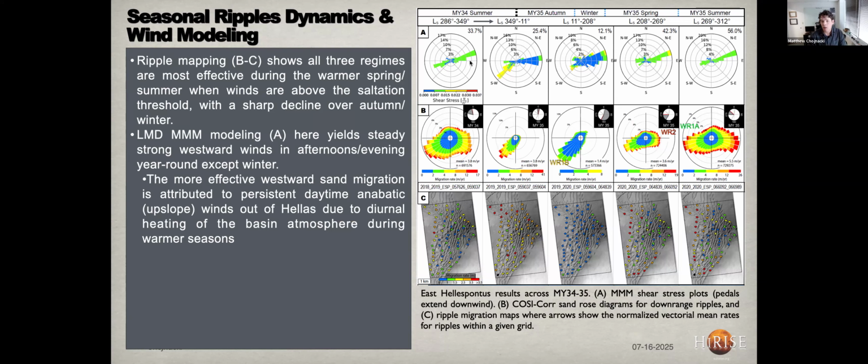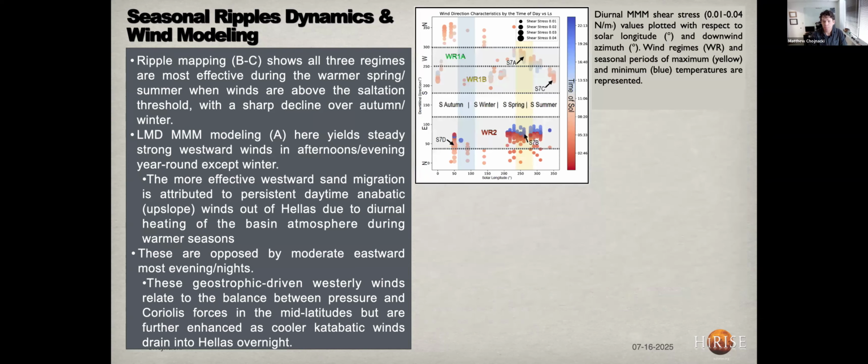Now the LMD modeling, which is along this plot A, it showed steady, strong westward winds in afternoon and evening year-round, except winter. And meanwhile, we saw reversing eastward winds as well, but at lower rates. The westward sand migration is attributed to these daytime anabatic upslope winds out of Hellas due to diurnal heating of the Hellas basin during warmer seasons.